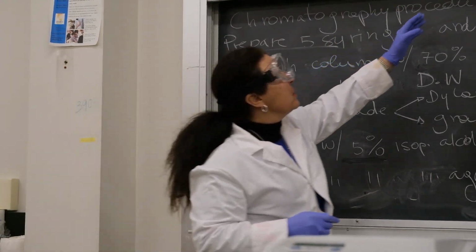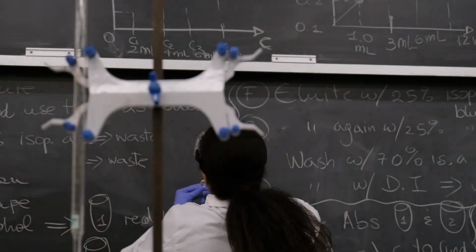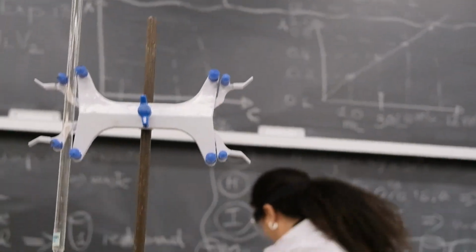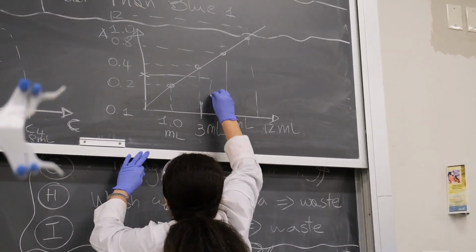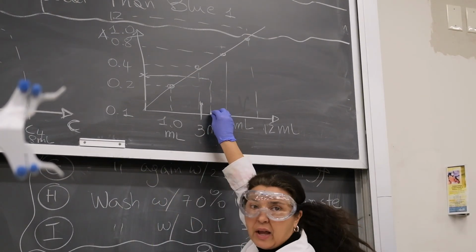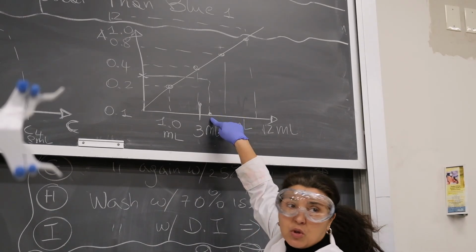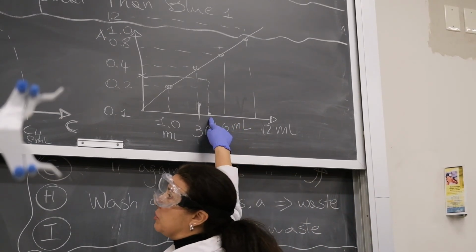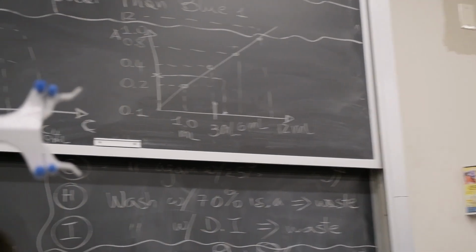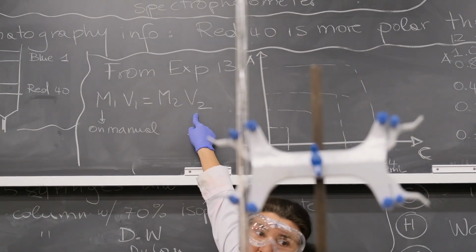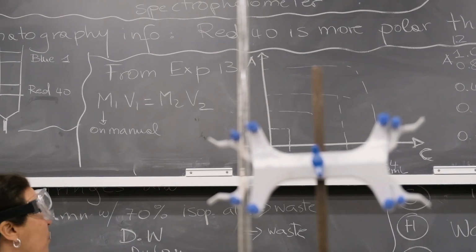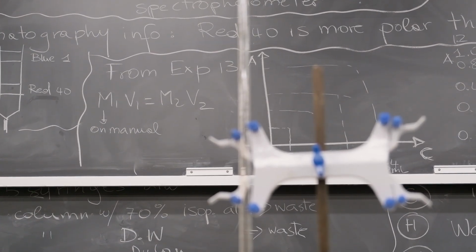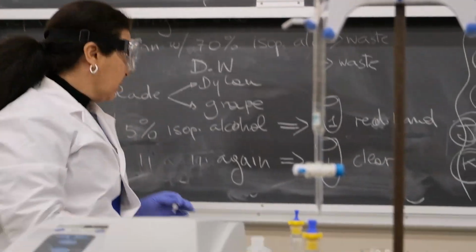Based on the absorbance, we find out for our unknown what the concentration is. This V2 is diluted, right? We know that it's diluted.